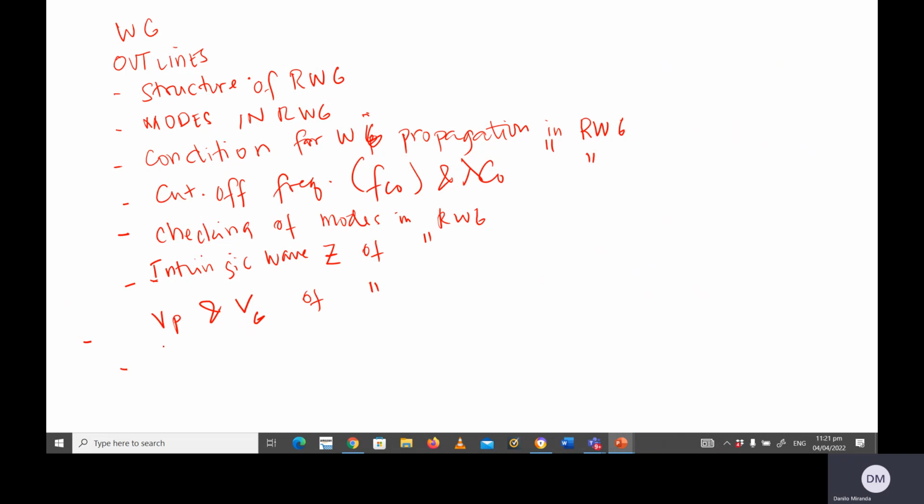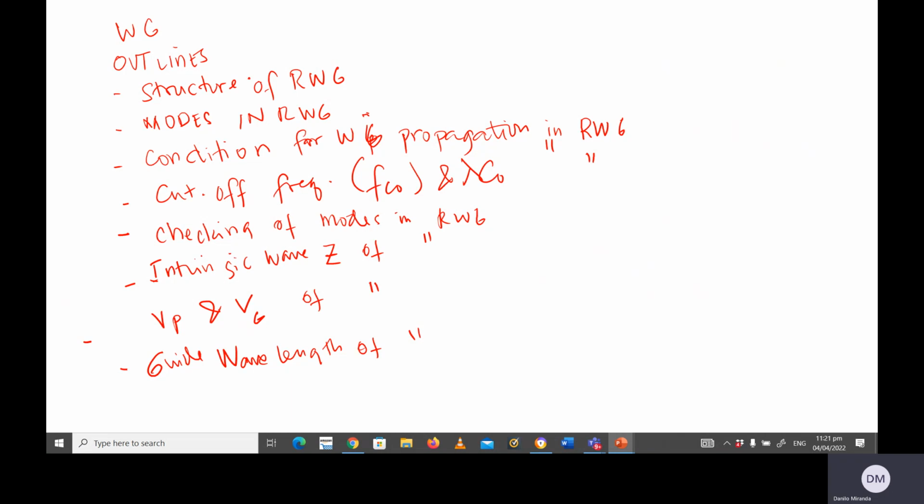And finally, the guide wavelength of rectangular waveguide. So structure, modes, conditions for waveguide to propagate, then until what's the cutoff, the limitations in terms of frequency and in terms of wavelength.